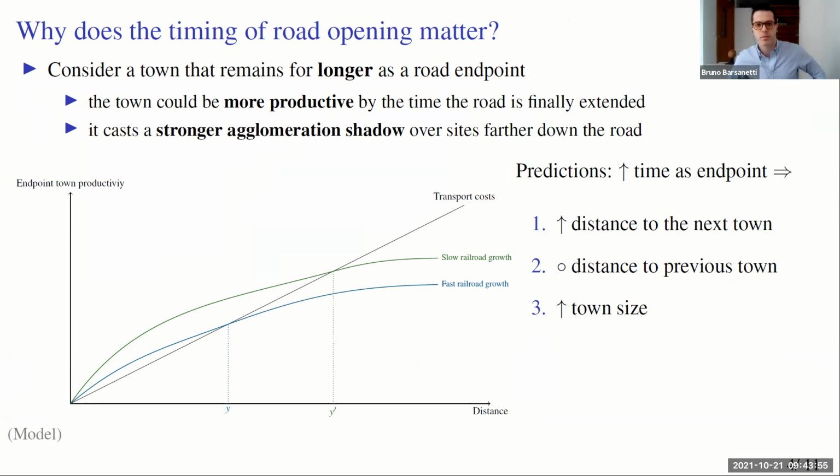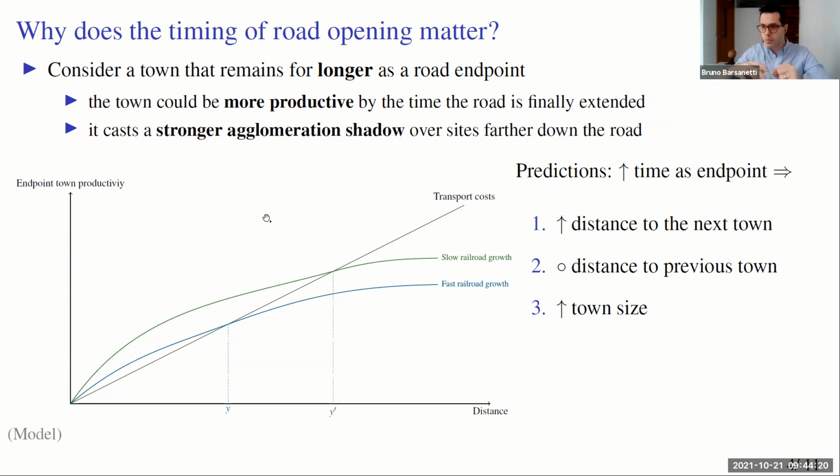And so I have a model in the paper, which I'll not discuss here, but only an intuition of it. And this is a model of city emergence. And so new cities emerge along the railroad line as the railroad line is constructed. So what happens is, suppose you have a town, and this town is currently the endpoint town.